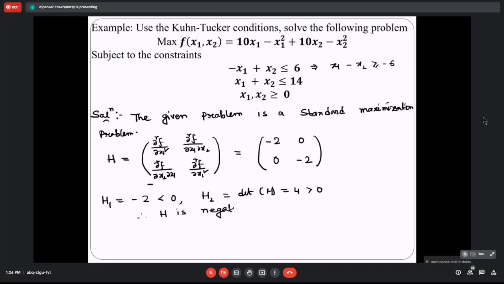H is negative definite. And hence, f is a concave function. Because it's negative definite for all x1, x2, that's why it is a concave function.